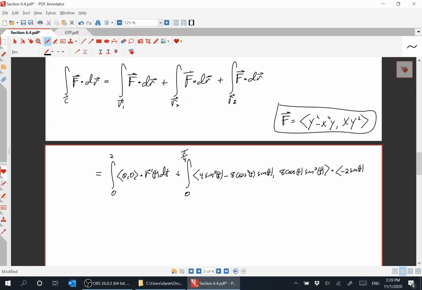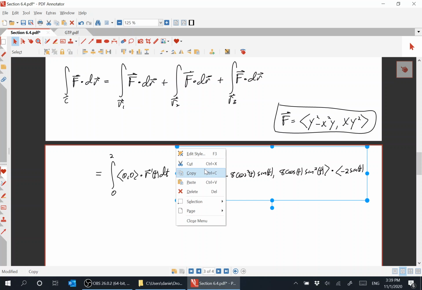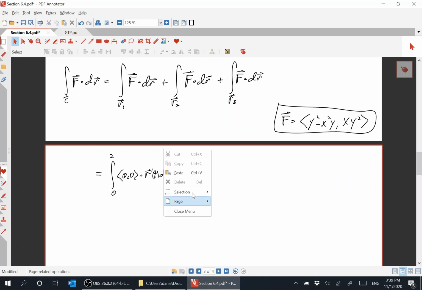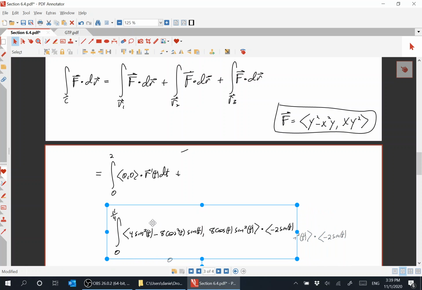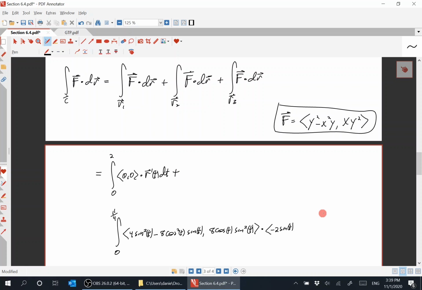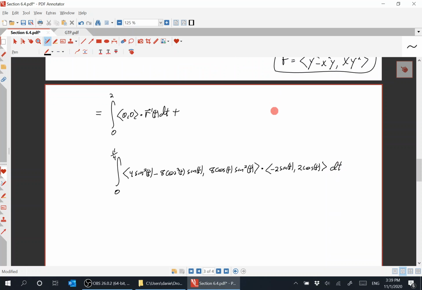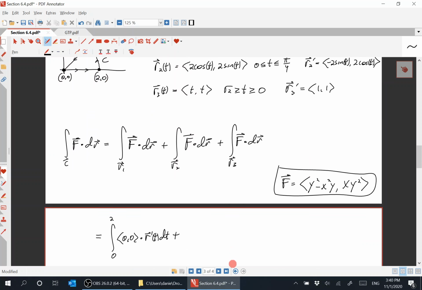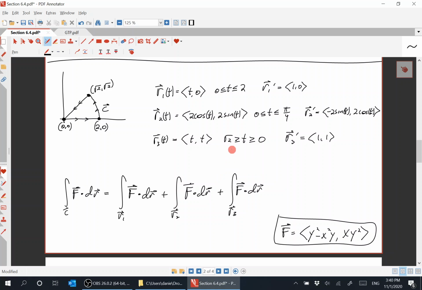Now let me stack these guys, dt, plus the third bit, which was the integral from square root 2 down to 0.